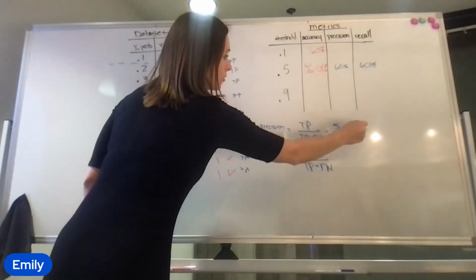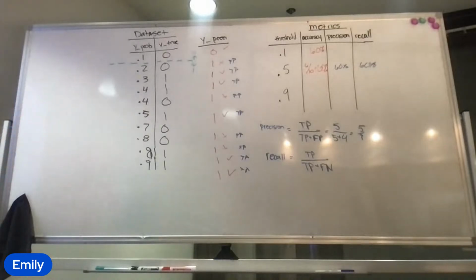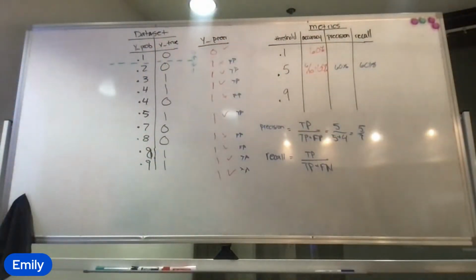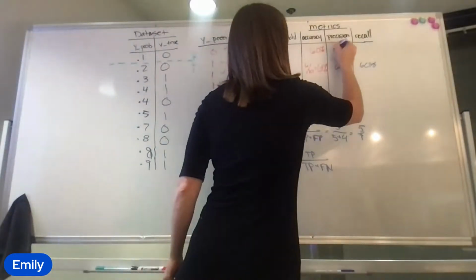So 5 over 9, which I don't think is going to be the same, right? It's just a little under 60%. I mean, that's 55.5, I believe. We'll call that 56%. So not exact. Not the same.